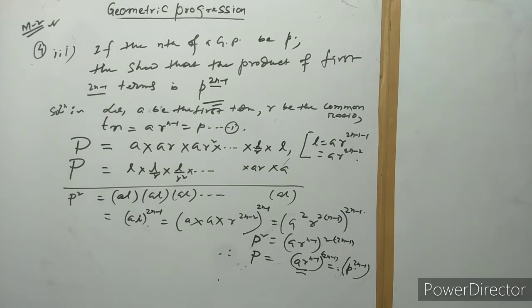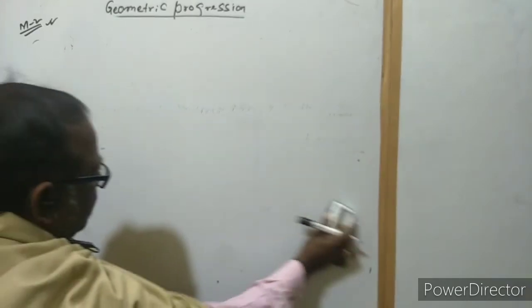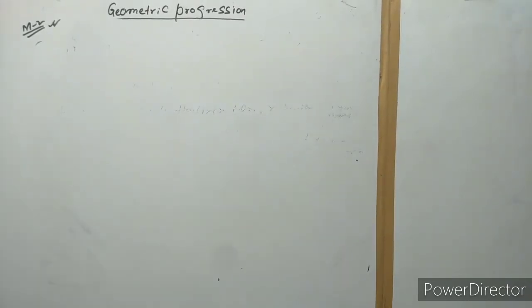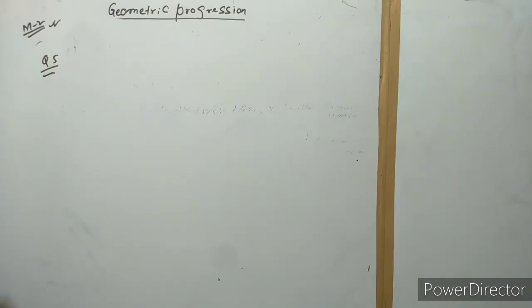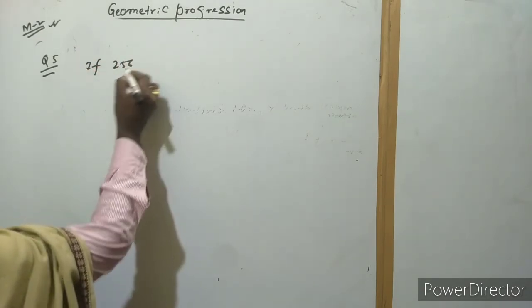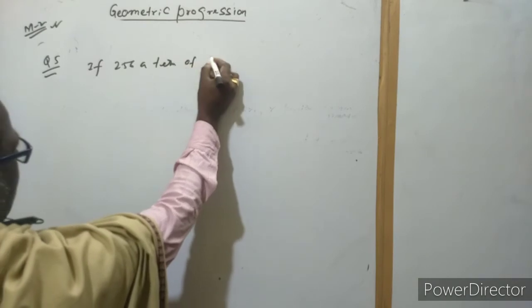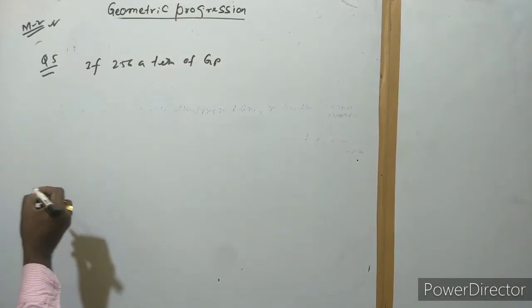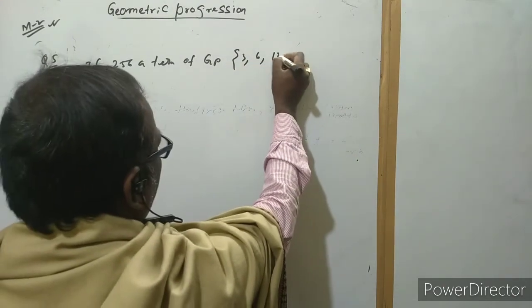Now again, the section marks 2. There is question number 5: is 256 a term of the GP 3, 6, 12, 24?